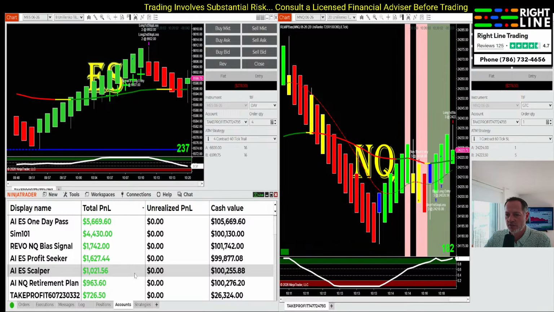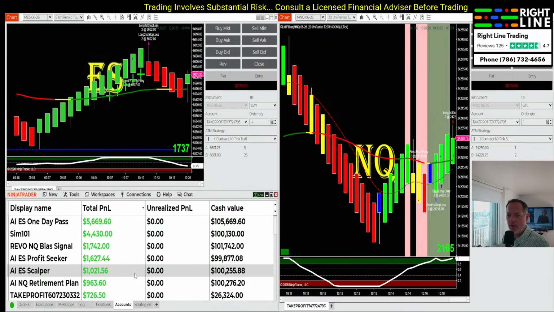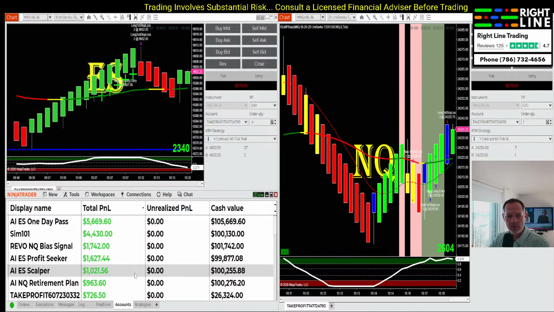Little sideways action going on here. Oops, sorry about that. Boy, the beach is pretty today. Man, weather's perfect here. Weather is beautiful.